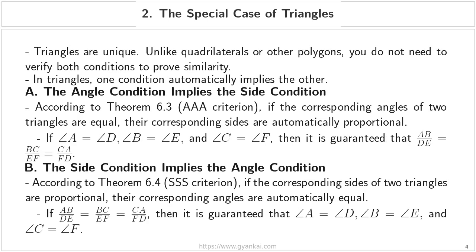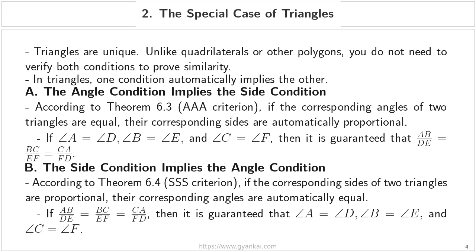On the flip side, we can also go from sides to angles. This is our second direction, often referred to as the SSS, or side-side-side criterion. According to Theorem 6.4, if you start by proving that the corresponding sides are proportional, meaning the ratio of side AB to side DE, side BC to side EF, and side CA to side FD are all equal, then the angles are automatically locked into place.